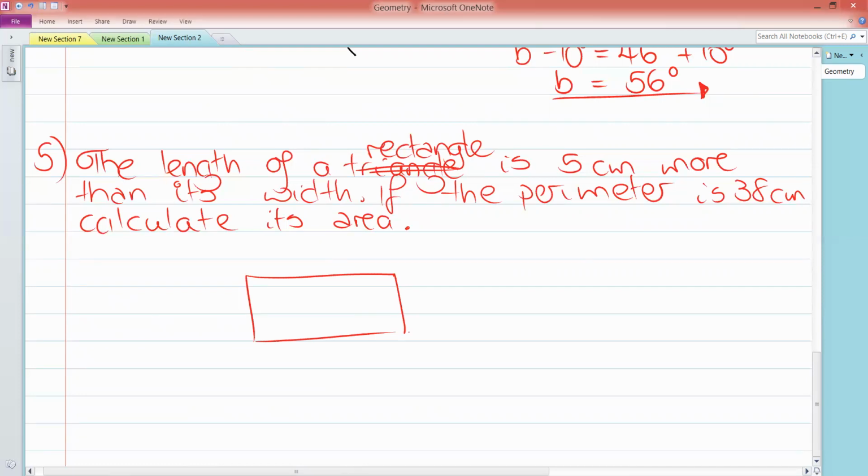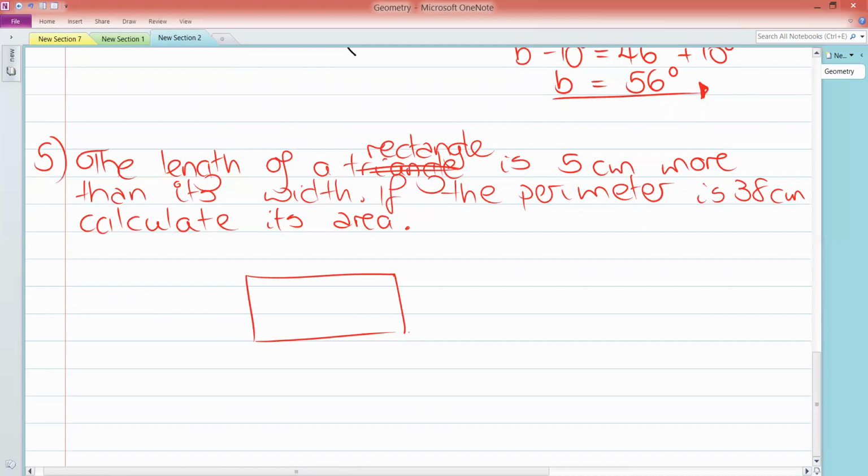Okay, so let's assign a variable to the width or the length. What do you guys want to call the length? What do you guys want to call the width? Choose which one you want to assign a variable to. Any ideas? X and Y. Okay, so let's stick with one.